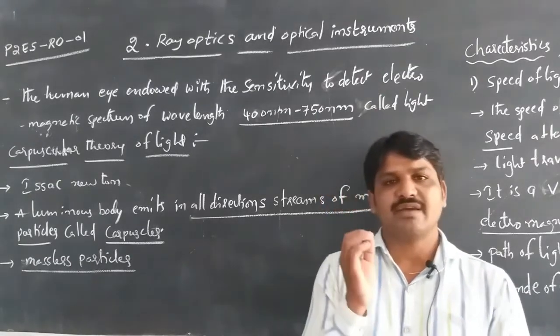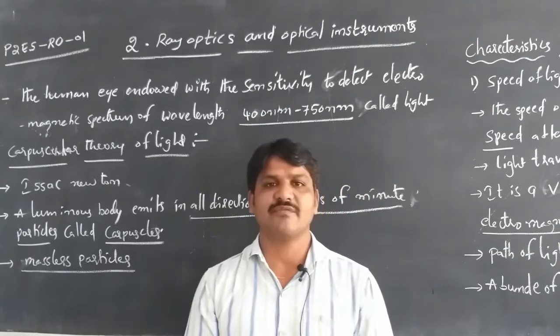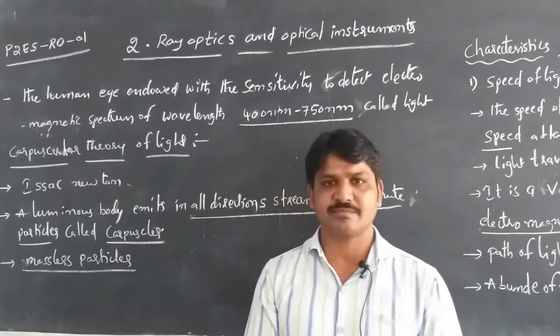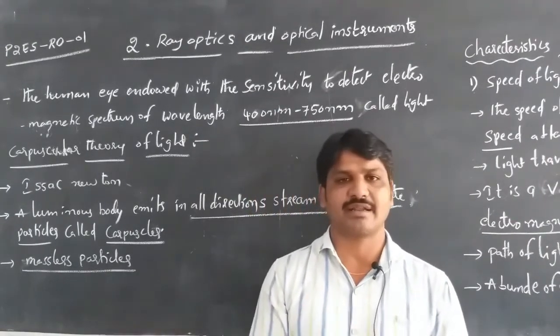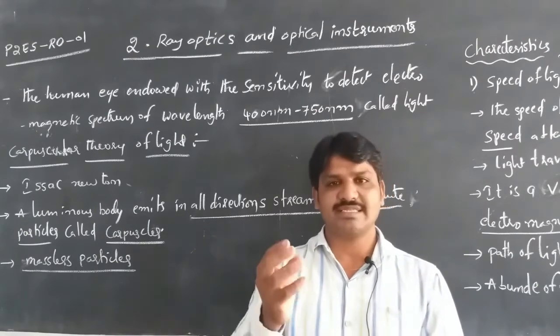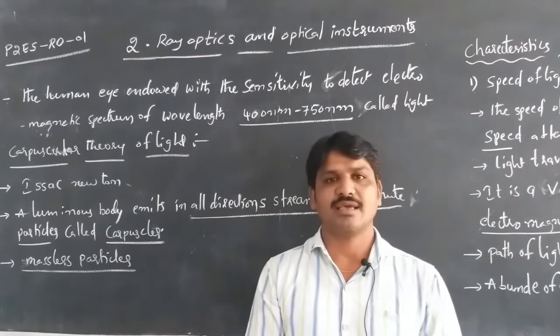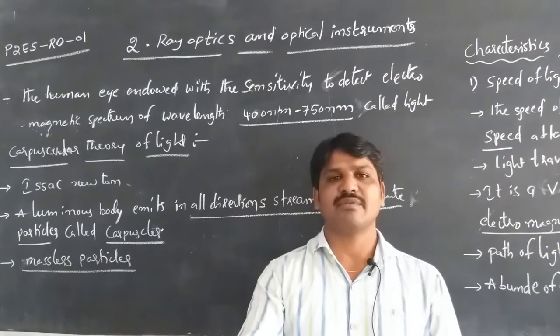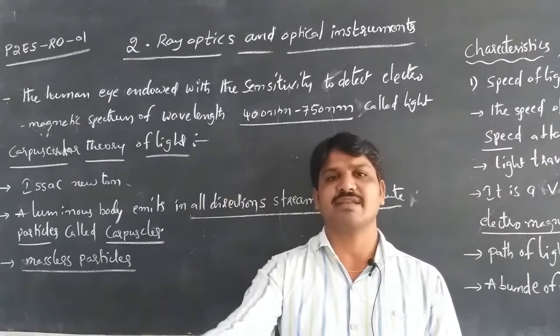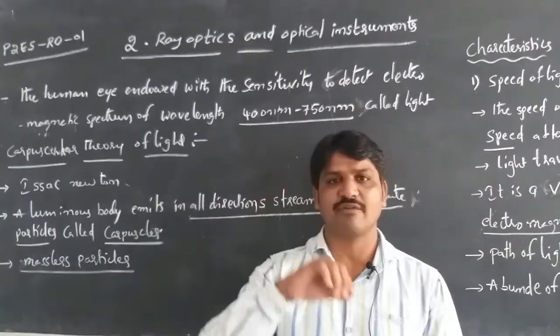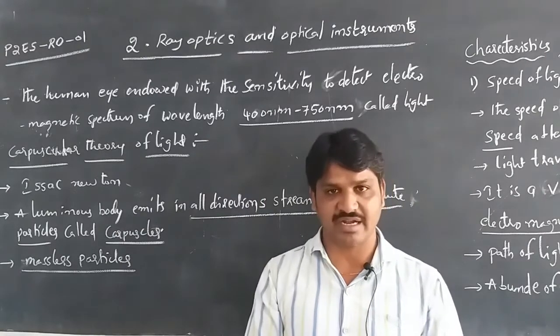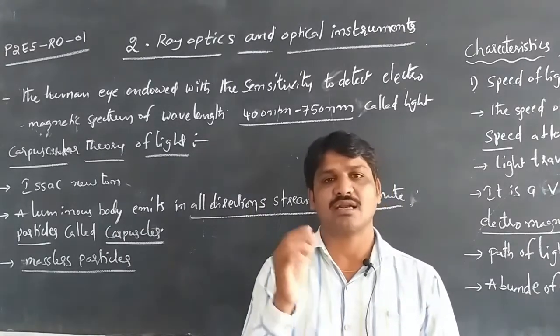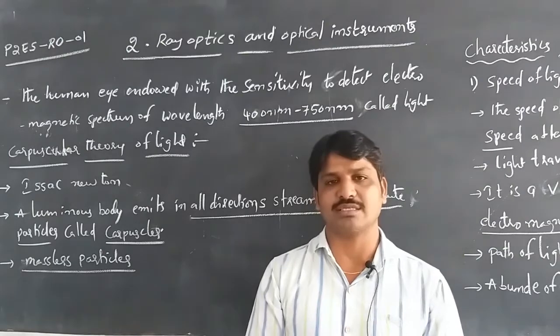Means whenever light rays or electromagnetic waves come from the sun and are incident on an object, then that object can be visible when the light is reflected from the object and is incident on our eye, means on our retina. Then only that object can be visible to us.